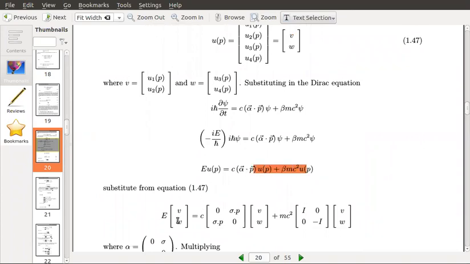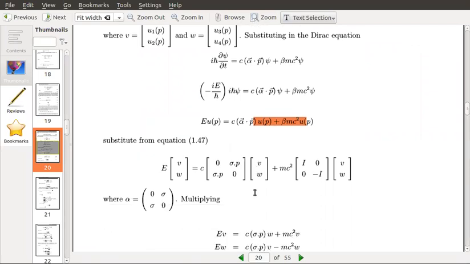Then we substituted the matrices corresponding to alpha and beta, as well as u equal to the column vector (v, w). Instead of the four components u1, u2, u3, u4, we grouped them and wrote it as (v, w). Okay, then we substituted for alpha and beta.